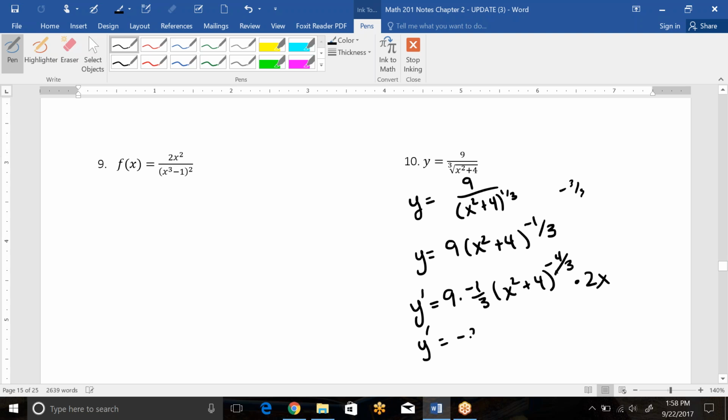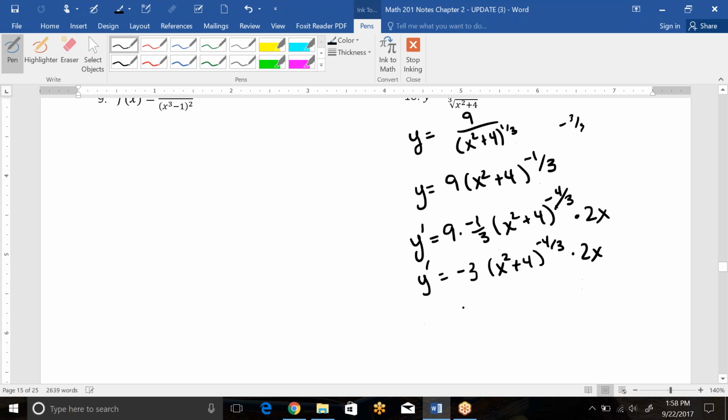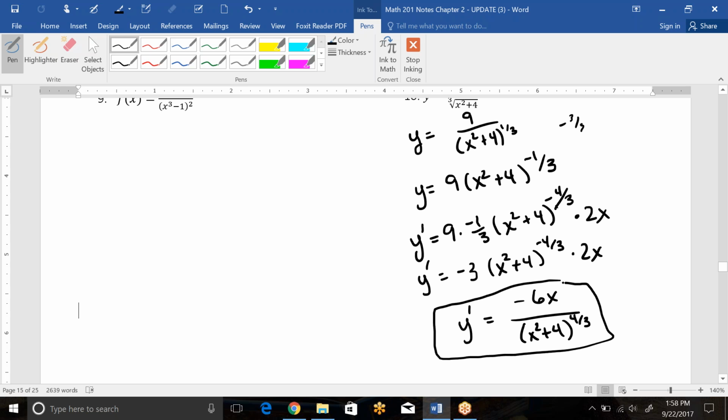This would be negative 3 out front. This is x squared plus 4 to the negative 4/3. We have a times 2x, so I'm going to put it all together. The negative 3 and the 2 can multiply together to make negative 6x on top. And the x squared plus 4, all to the 4/3, would be in the bottom. So there's my final answer format for that one.